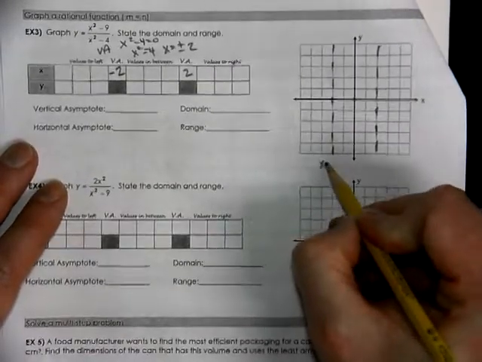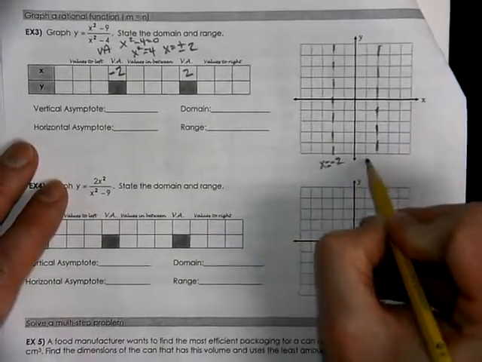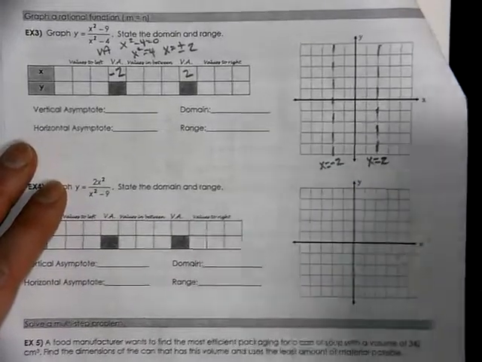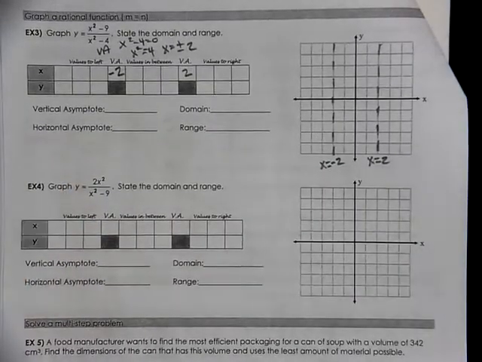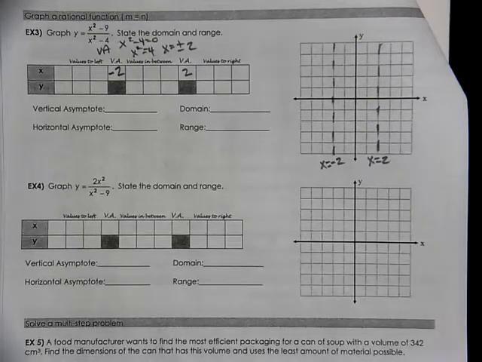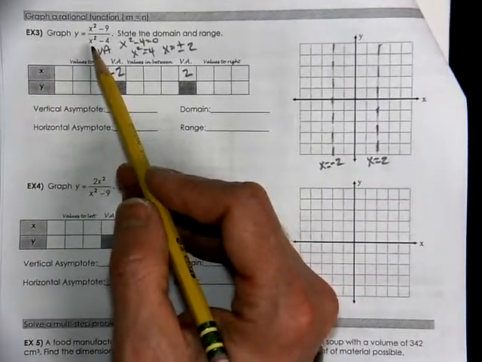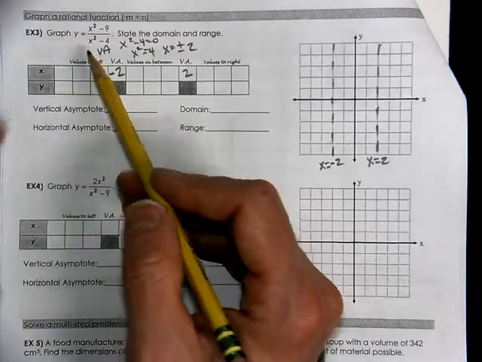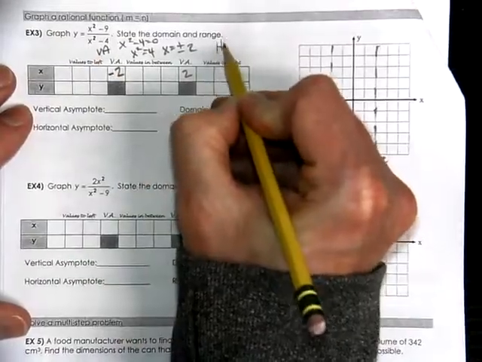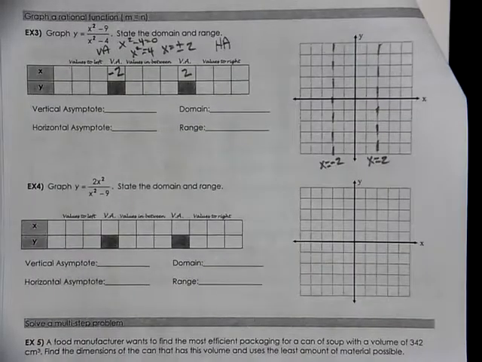So we label our points, our asymptotes, on your graph, -2 and 2. Looking at your horizontal asymptote, what determines our horizontal asymptote?